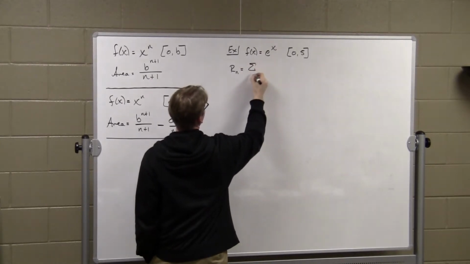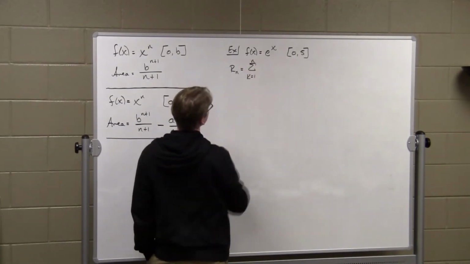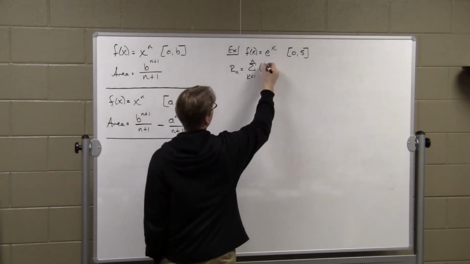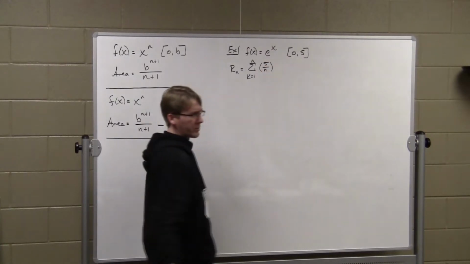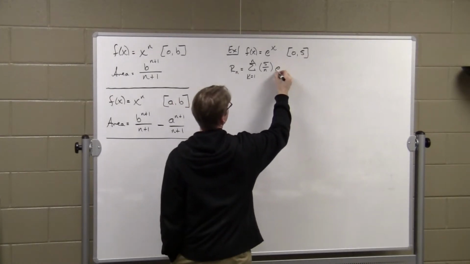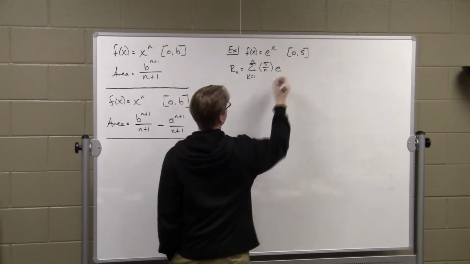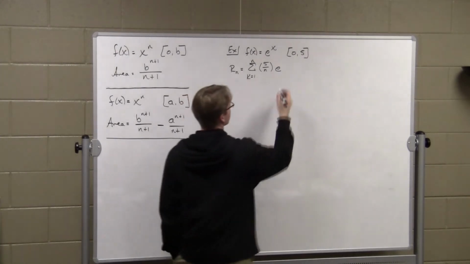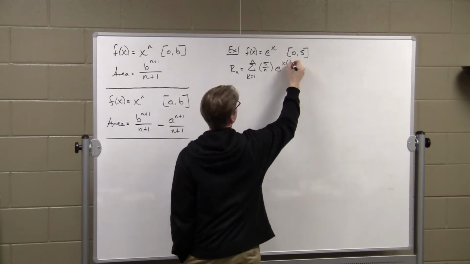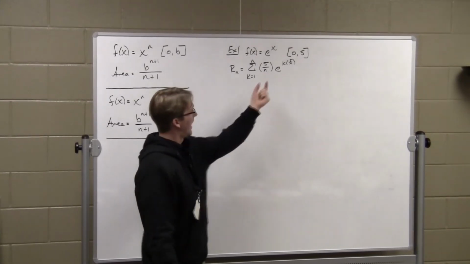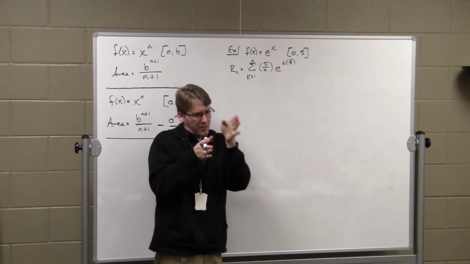Sum as k goes from 1 to n of 5 over n. I'm going to fast forward a little bit here. 5 minus 0, 5 over n, and then f of 0 plus k times 5 over n, so e to the k times 5 over n. I like to write it this way because it separates the thing we plugged in.